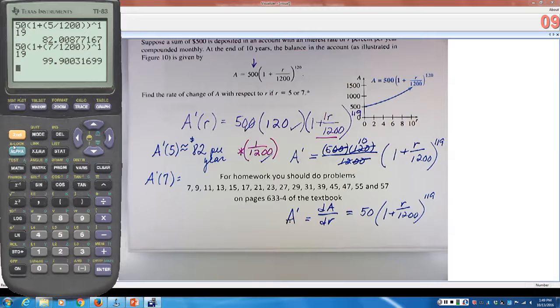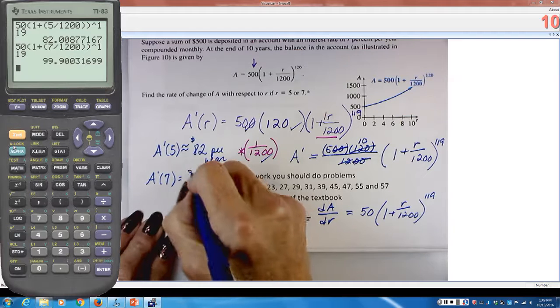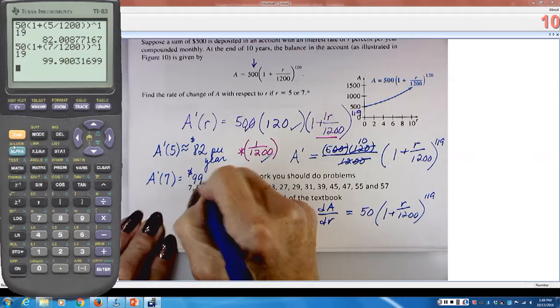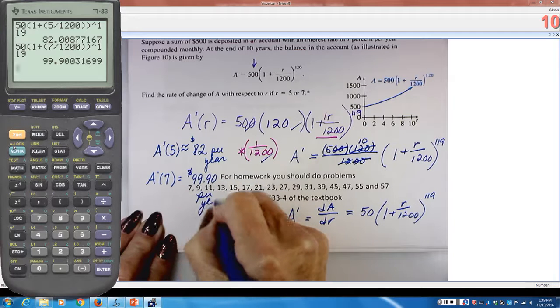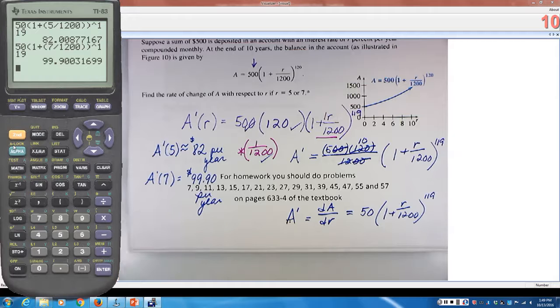So at 7 years, we're increasing by almost $100 per year, $99.90. Is the rate at which our future value is increasing at that point in time.